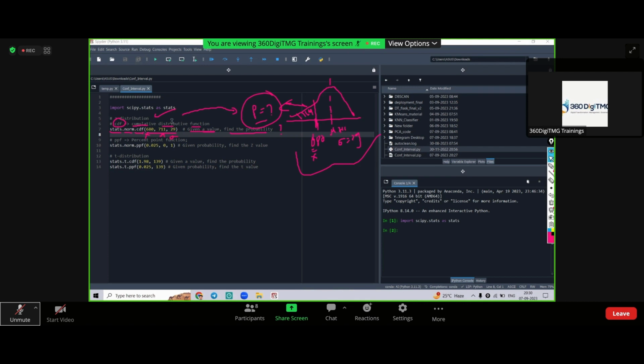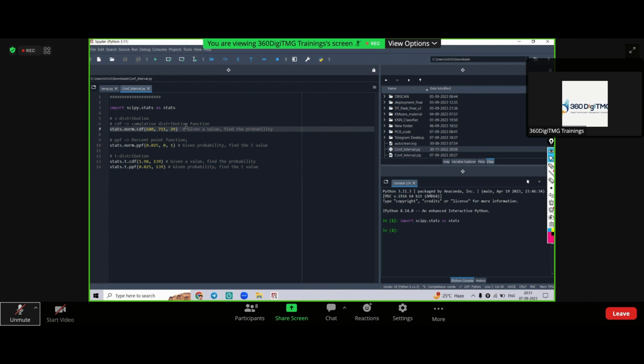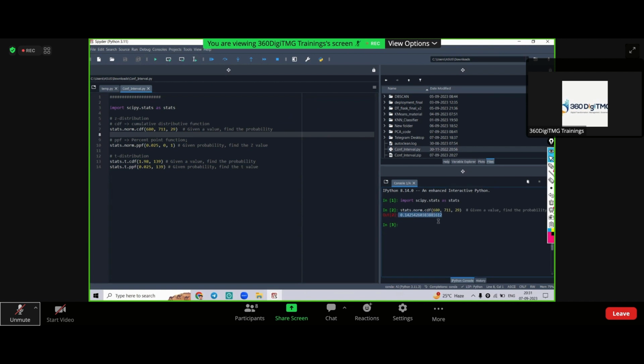And the moment I execute this part, it says 14.25, the same as what we get from the Z table. We just need to pass this number, no need to refer to the Z table. Everything will be taken care of by Python.